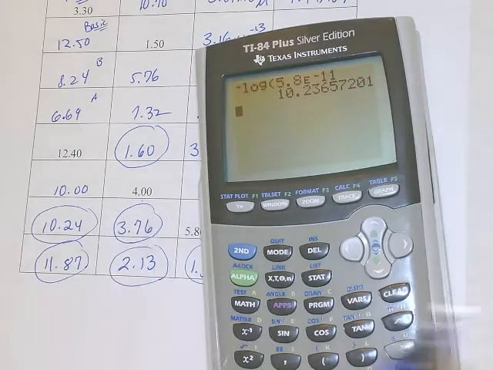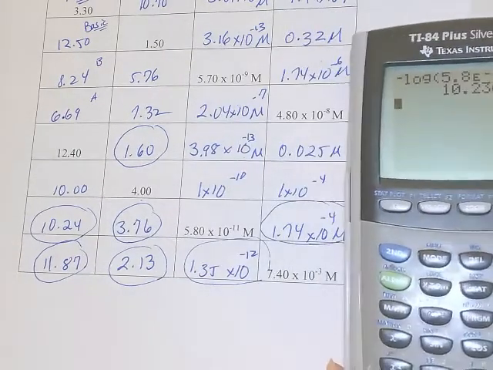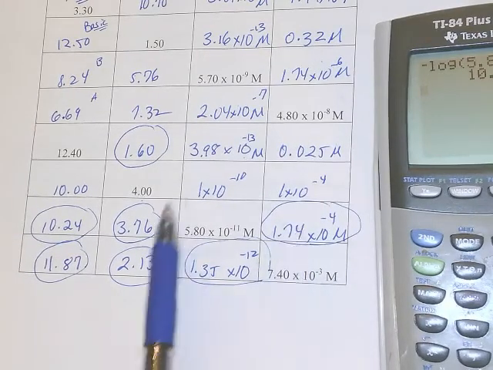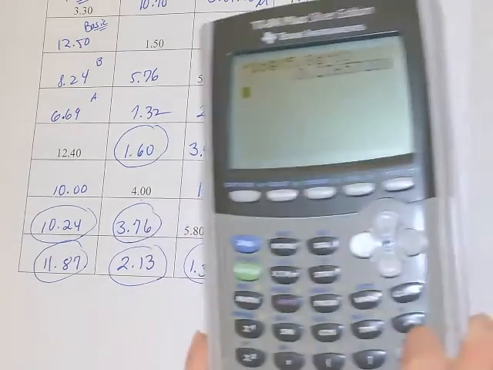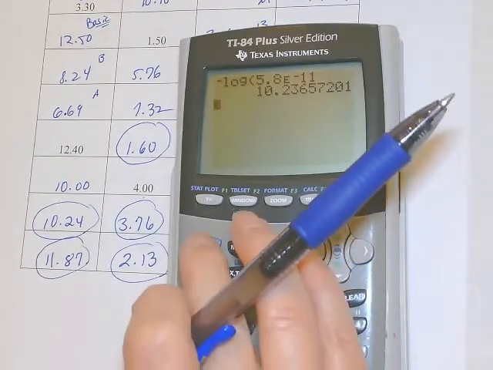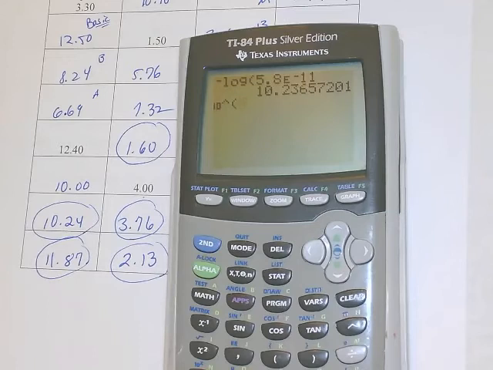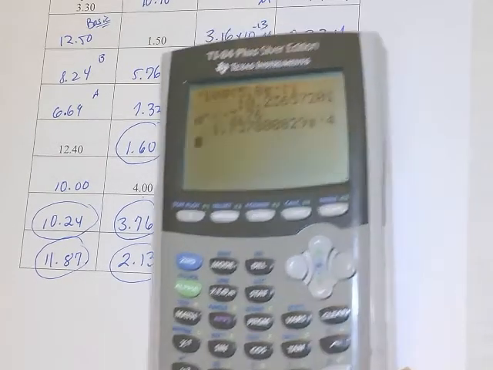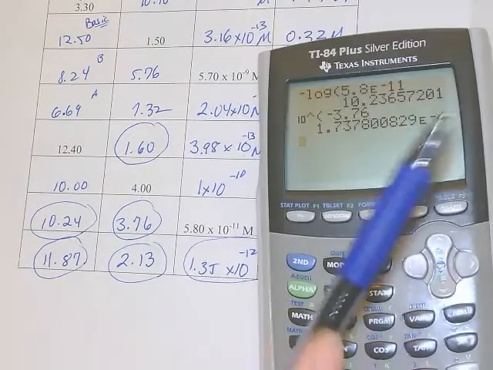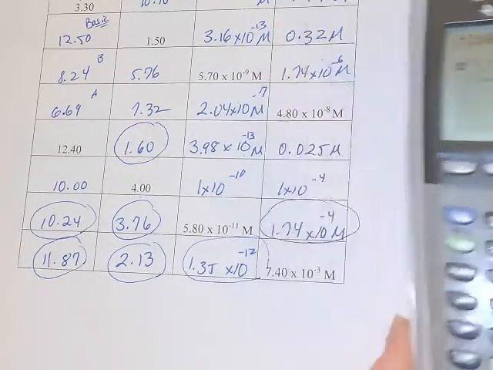Subtract to get your pOH, and then to get your hydroxide ion concentration, 10 to the negative 3.76. So the antilog of negative 3.76 gives you your 1.74 times 10 to the negative 4.